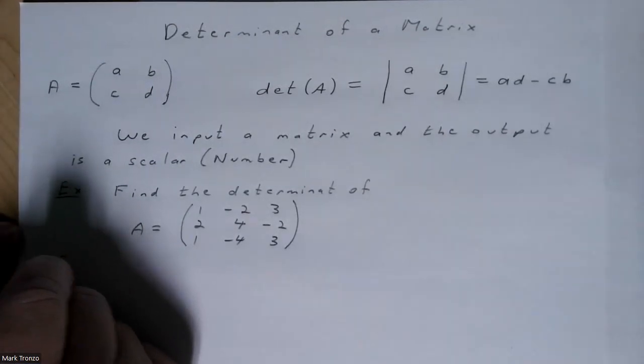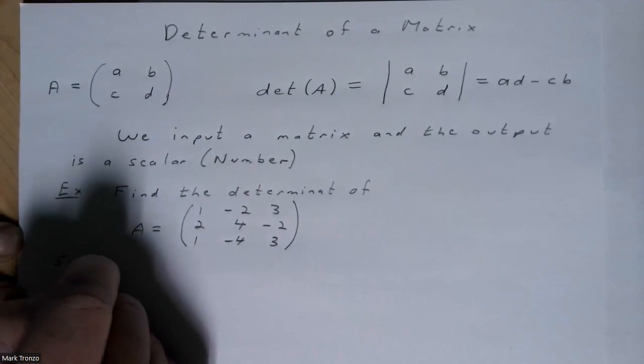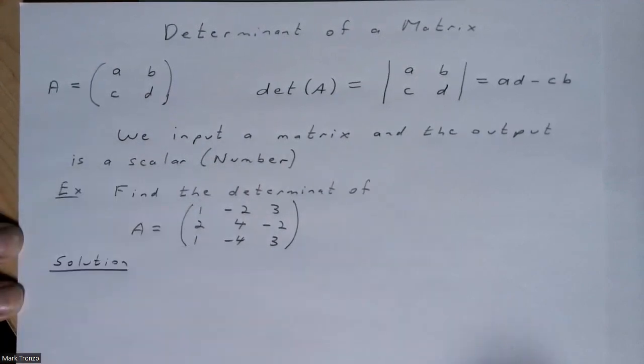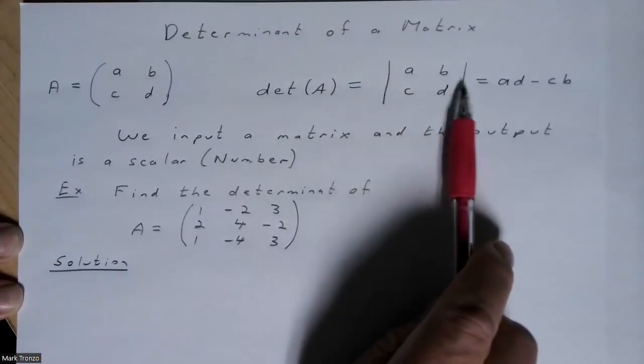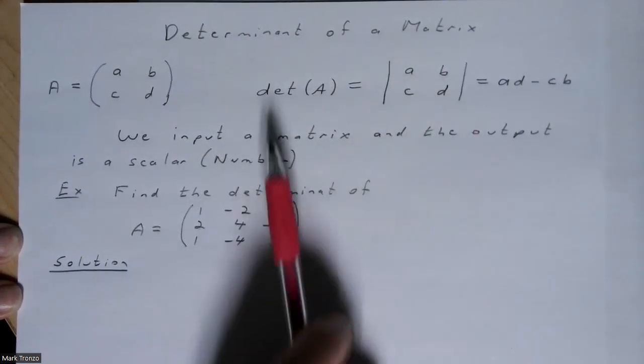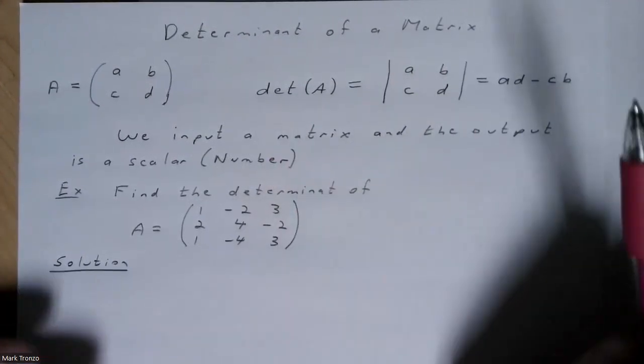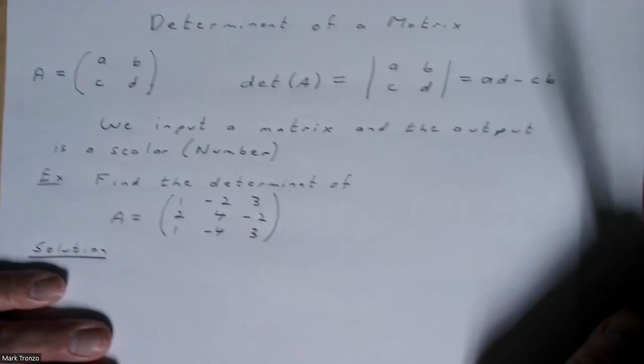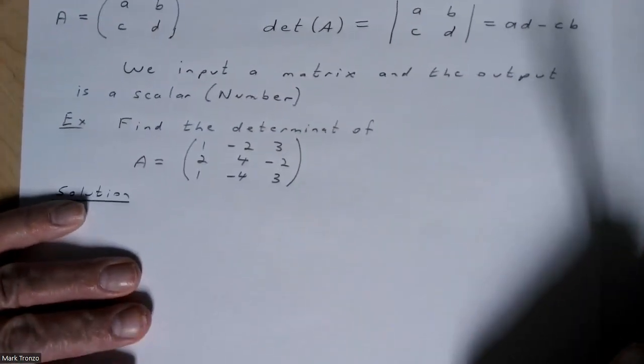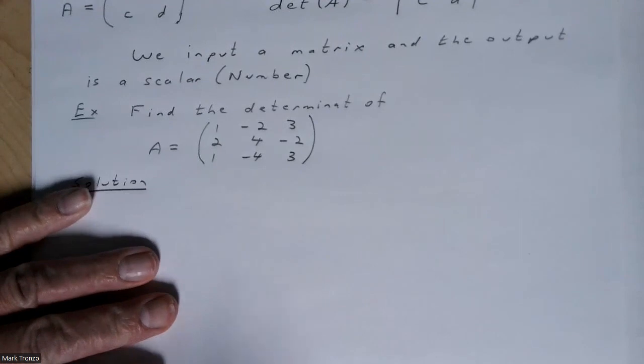And so the solution, like I said, you could either do vertical bars to represent determinant or just say det. I'll put the vertical bars. In this case, it'll be a little bit easier to see what we're doing.